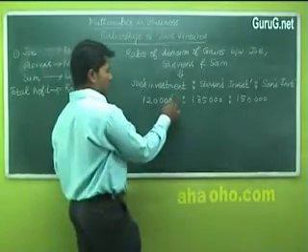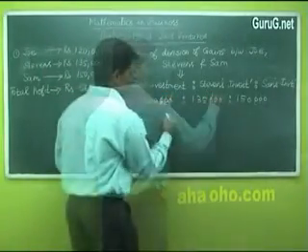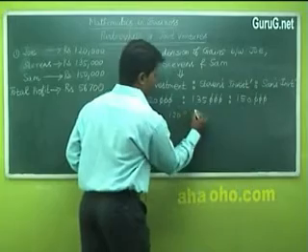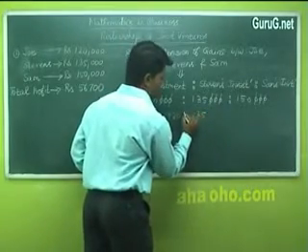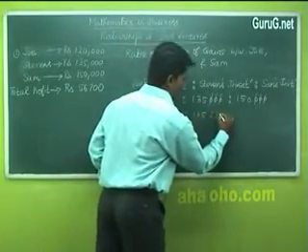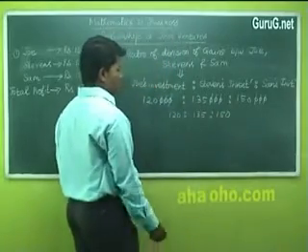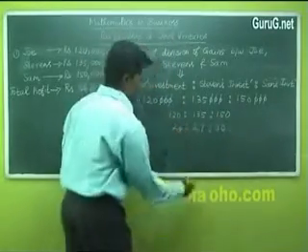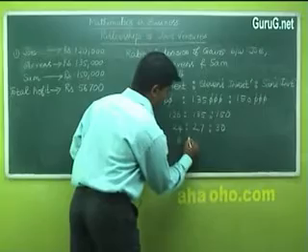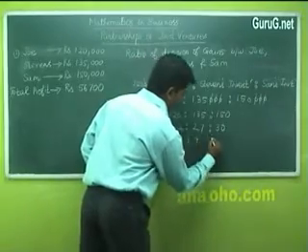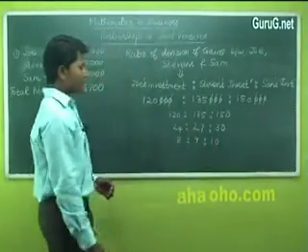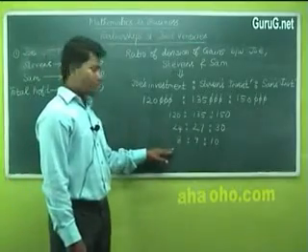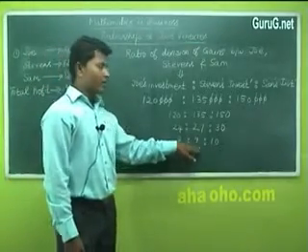Initially you can cancel the zeros. 120 is to 135 is to 150. So taking 5s, it is once again 8, 9, 10. So reducing it to the simplest terms, it is 8 is to 9 is to 10.